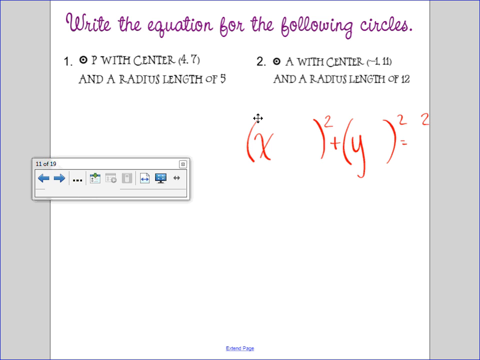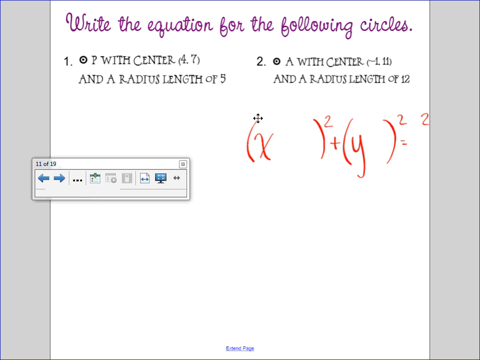So what's my equation for number 2? Good.